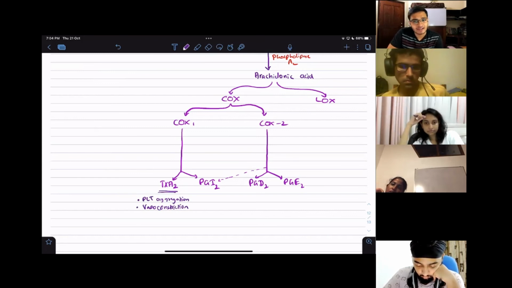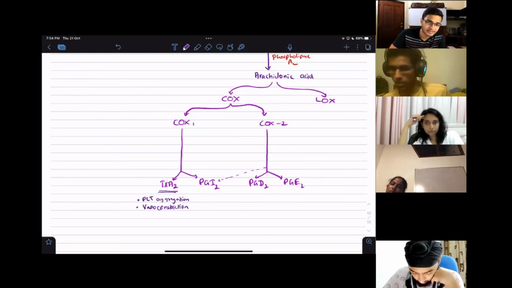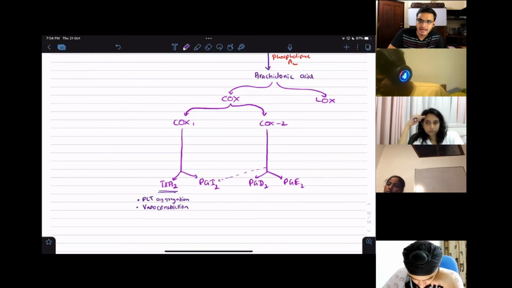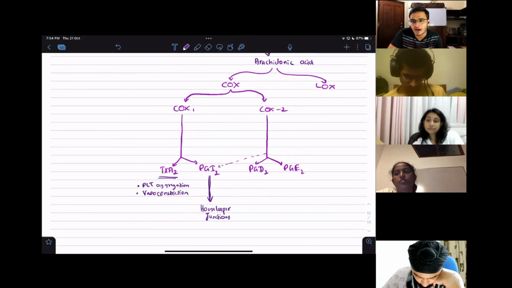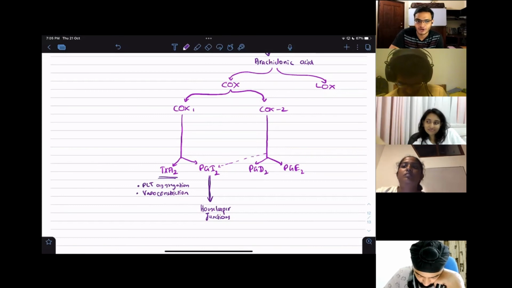This one, guys, acts on many places: our gastrointestinal tract, our urinary system, the kidneys, the bladder. It can act on many areas, and it does what we call housekeeper functions, if you all remember. So for example, in the stomach, what are the housekeeper functions done by prostaglandin I2?